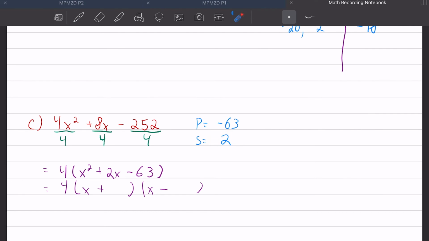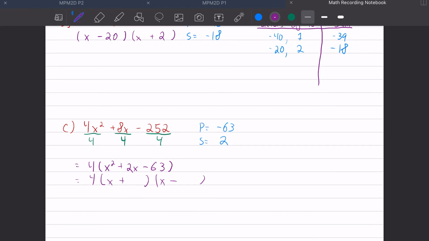So we know the larger of the two numbers that are multiplying to get to negative 63 will be positive. If the larger number was negative, our sum would be negative. If you look at a number line, you'll be able to see the reasoning for that. If our larger number is negative, when you take a smaller number from it, it's still going to be negative.